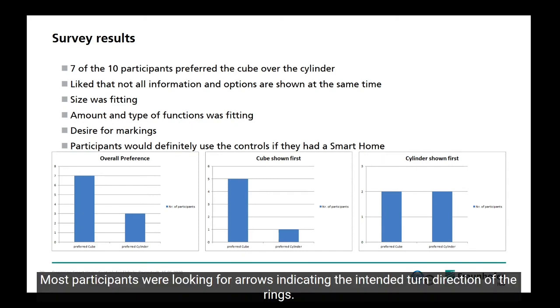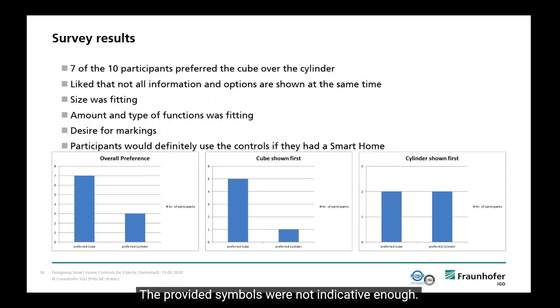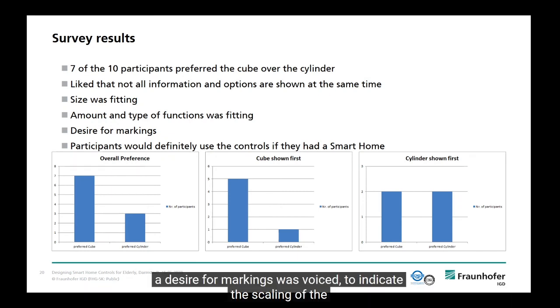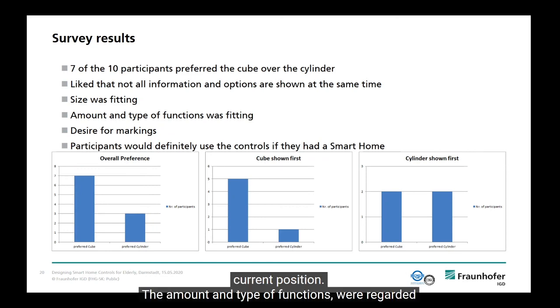Most participants were looking for arrows indicating the intended turn direction of the rings. The provided symbols were not indicative enough. 2 participants also searched for a marked 0 position, however, after additional clarification there was no necessity for these after all. Additionally, a desire for markings was voiced to indicate a scaling of the current position.